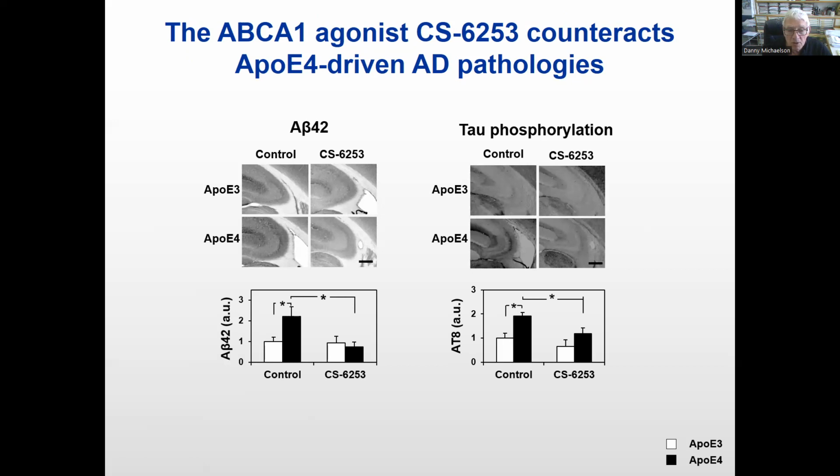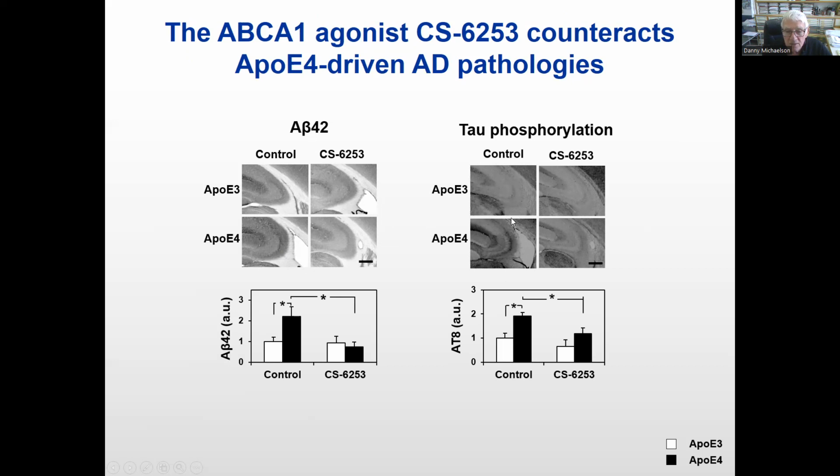I will show only a few examples of that, as this has been published quite some time ago, several years ago. But as you can see, on the control level, for A-beta 42 there's an opaque band here, which is lacking in E3. Or if you look at the tau phosphorylation, there's a marked tau phosphorylation on E4, which is missing in E3.